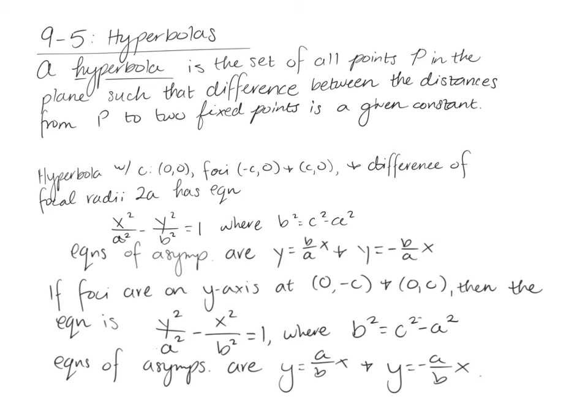A few other things: note that the numerator of these asymptote fractions always goes with the y term in the equation. Okay, that's important to know as well. Additionally, if you've noticed by now, the a squared term goes with the positive one. So whereas before a squared was always the larger denominator in an ellipse, now a squared always belongs to the positive term in the equation, no matter what, okay, even if it's the smaller one.